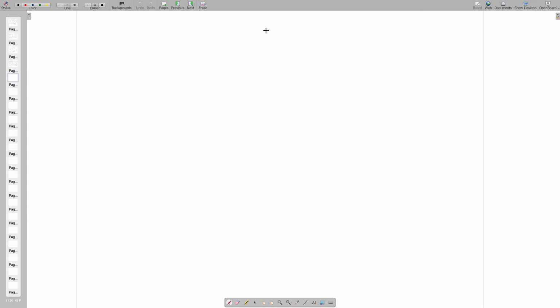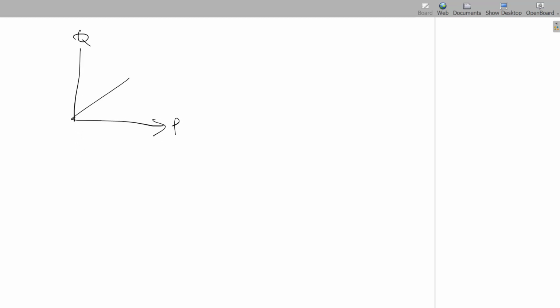But then in finding the total active power, we know from this one that this is our active power, reactive power, and apparent power.